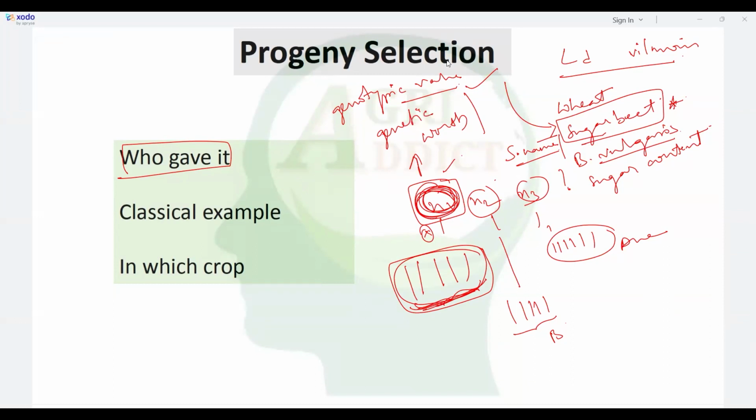Watermelon. Now, what is the common name of Ipomoea batatas? Sweet potato. What is the ploidy level of sweet potato? Go through the ploidy level of sweet potato and how many chromosomes does it have? Okay. Just read about them.